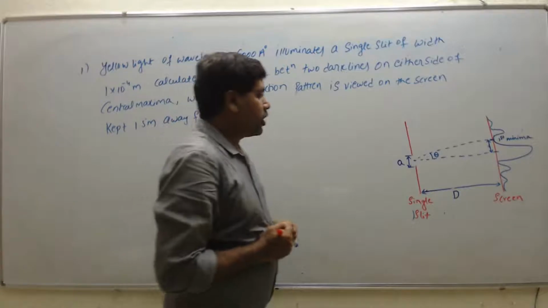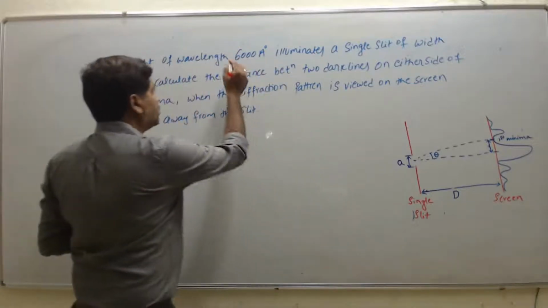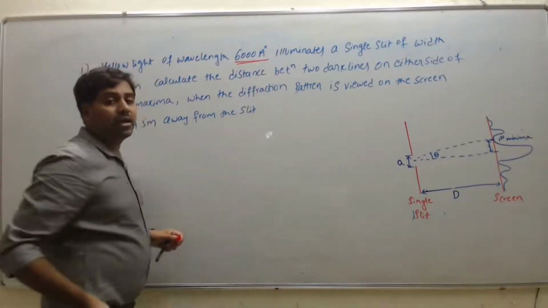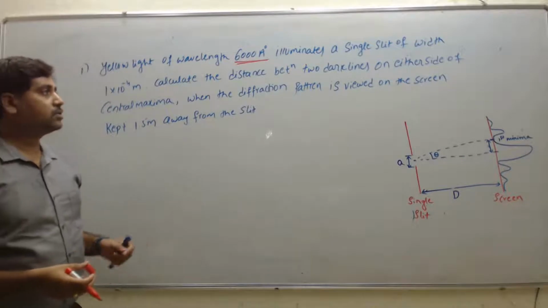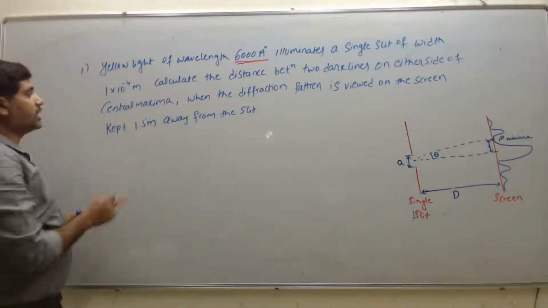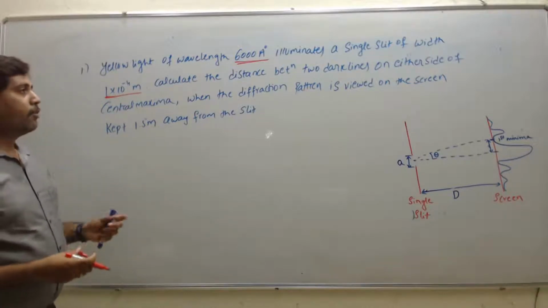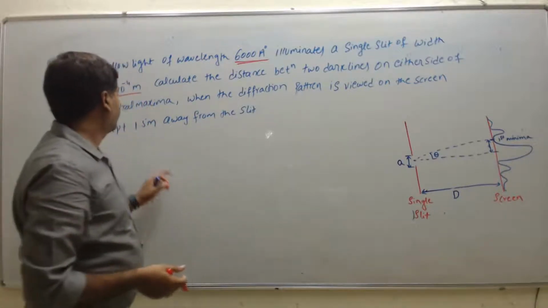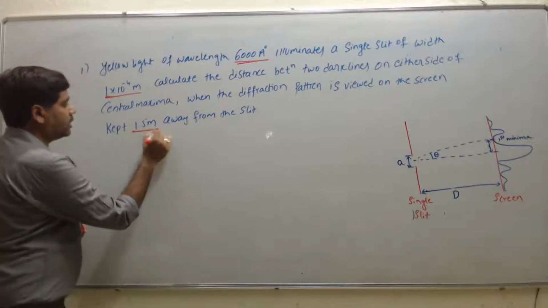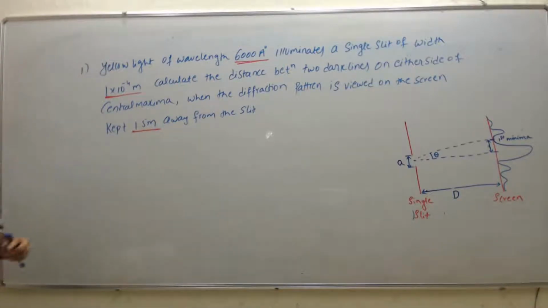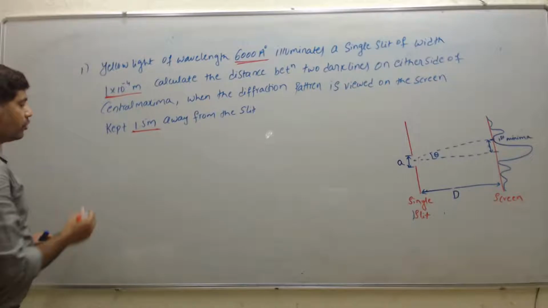So first they gave the wavelength, 6000 angstrom, and also the slit width, the value of A, 1 into 10 to the power of minus 4 meter, and next they gave capital D, the distance between the slit and the screen.